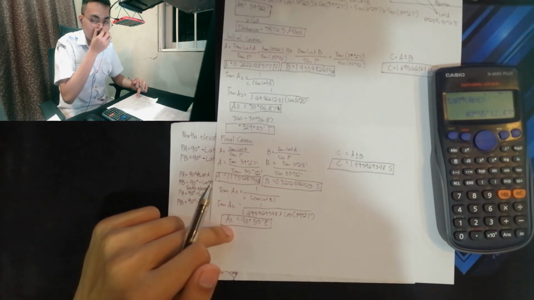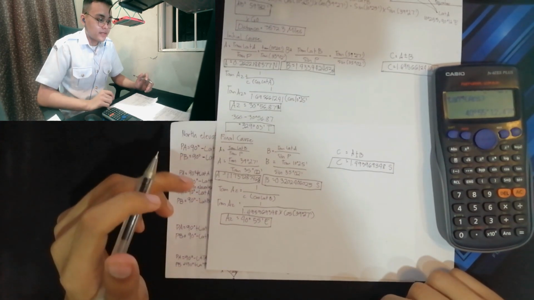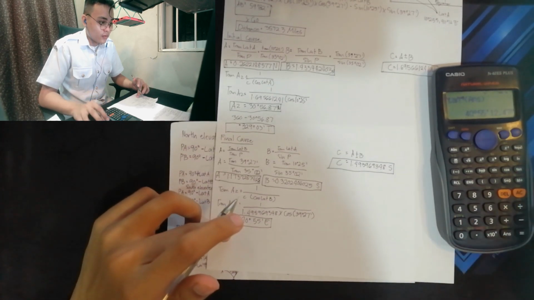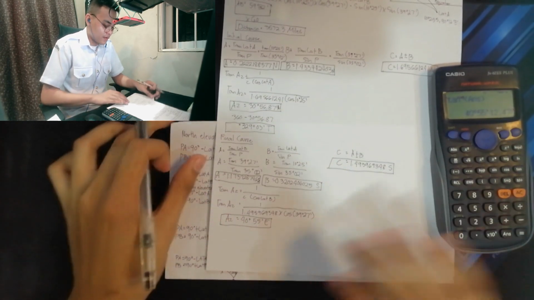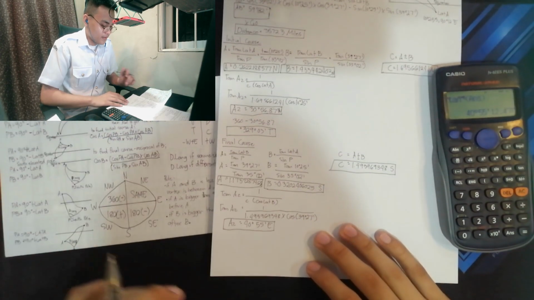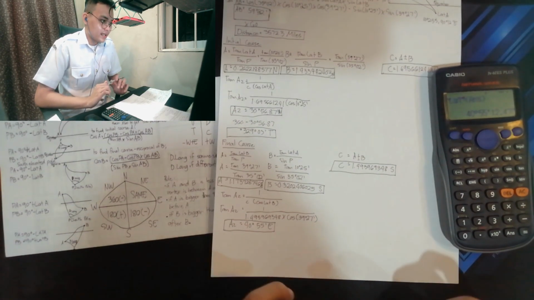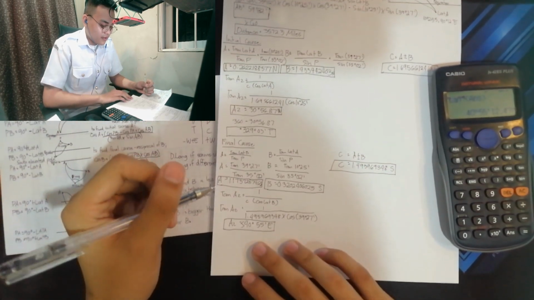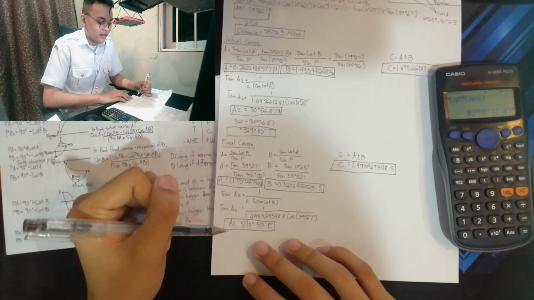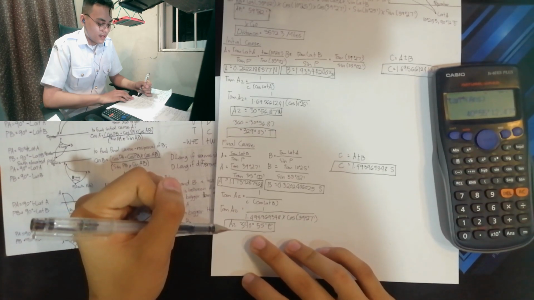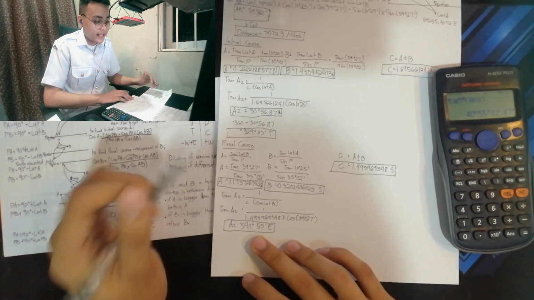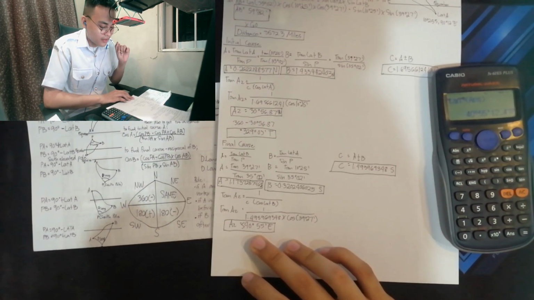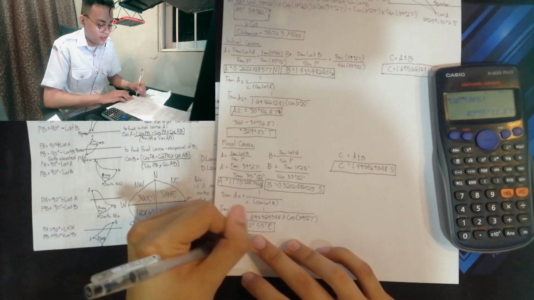Then we still need to get the true course of your final course. The direction of your final course in degrees is southeast.